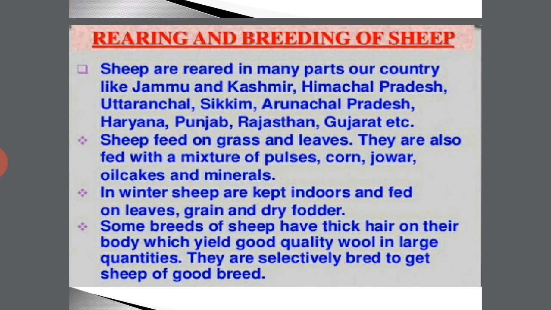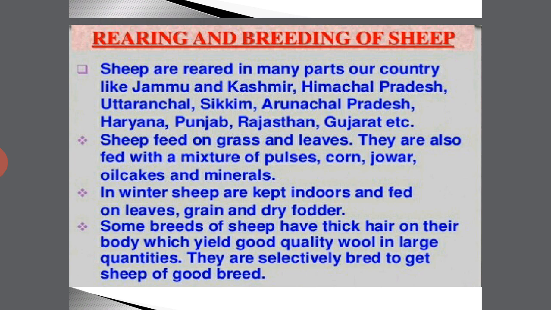In winter, sheep are kept indoors and fed on leaves, grain and dry fodder. Some breeds of sheep have thick hair on their body and they yield good quality wool in large quantities. They are selectively bred to get sheep of good breed.